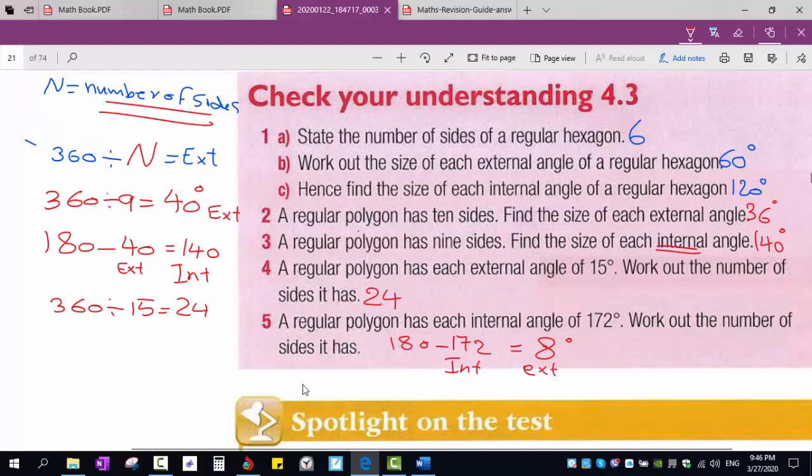And always 360 divided by exterior gives number of sides. 360 divided by 8 is 45. So this shape has 45 sides, with interior angle 172 and exterior angle 8 degrees.